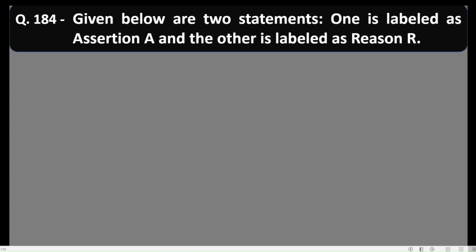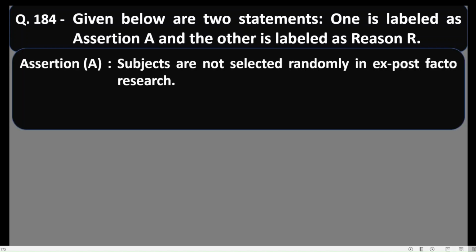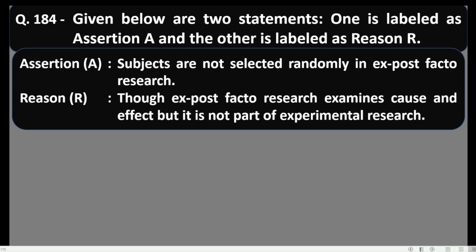Question number 184. Given below are 2 statements. One is labeled as assertion A and the other is labeled as reason R. Assertion A. Subjects are not selected randomly in ex post facto research. Reason R. Though ex post facto research examines cause and effect, but it is not part of experimental research.